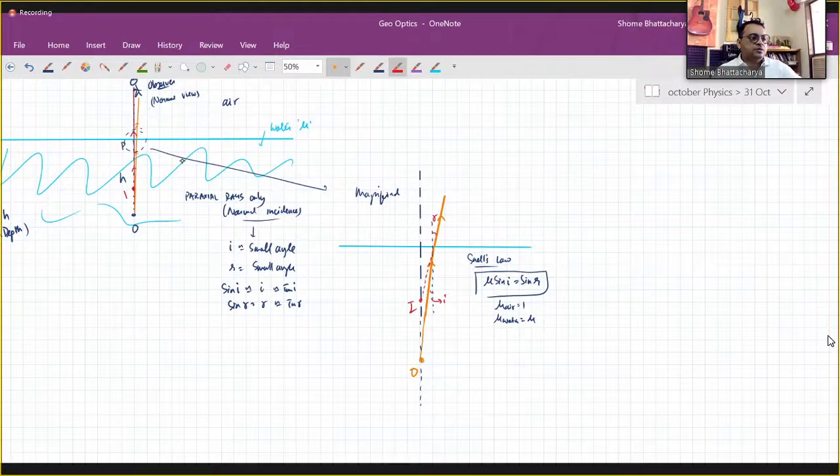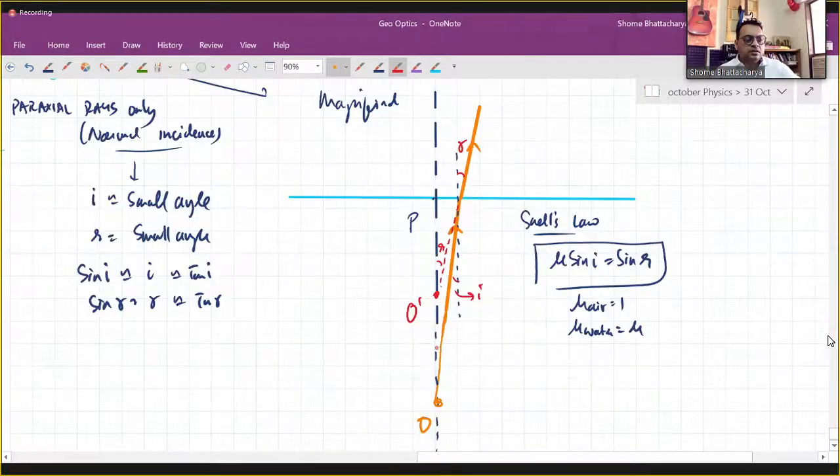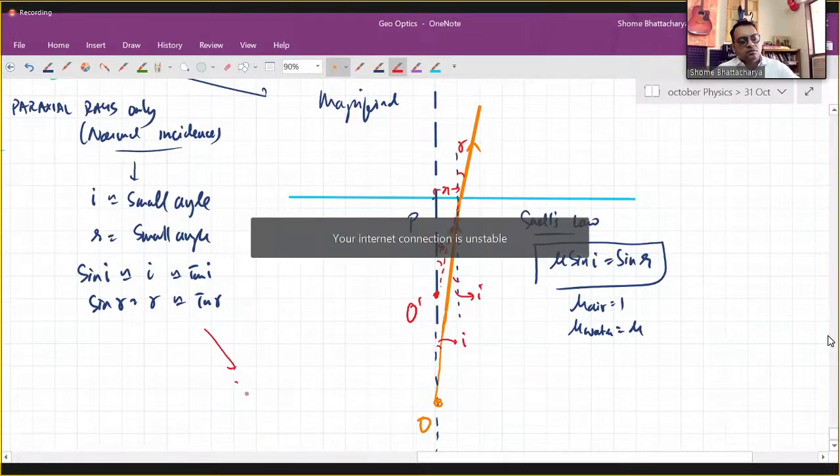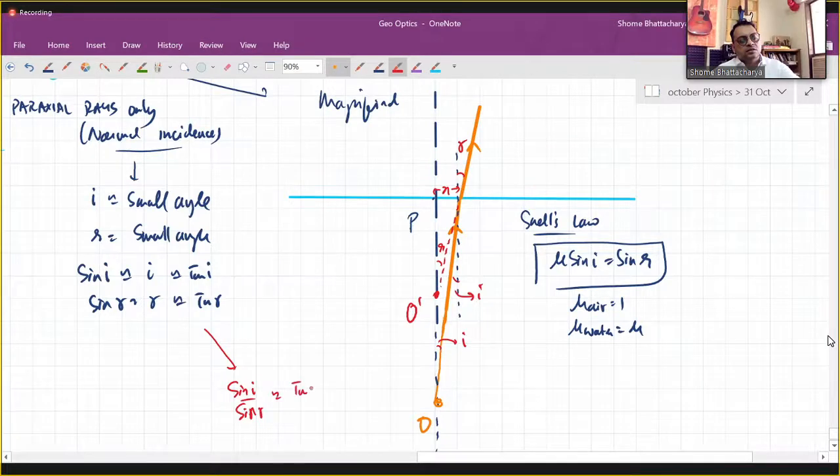So you can see that in this diagram, this angle here is again R, and from this, sin I by sin R, which is approximately tan I by tan R, becomes equal to 1 by mu.